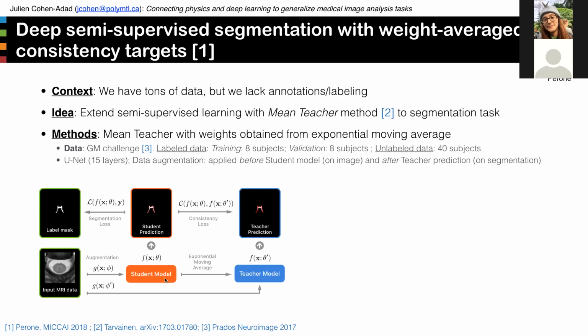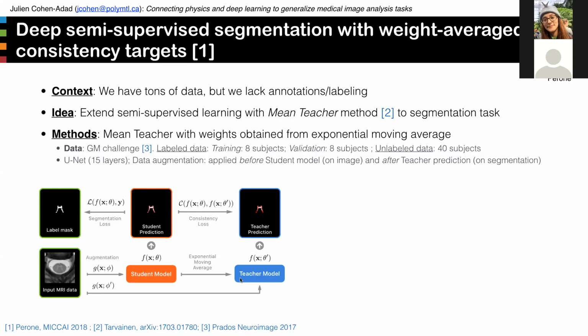And the teacher model, which is here, receives unlabeled data, so we don't need to provide labeled data for this part of the model. Along with the segmentation loss, which is the dice here, we update the weights of the student model.